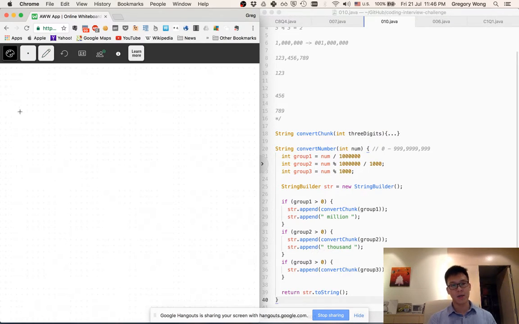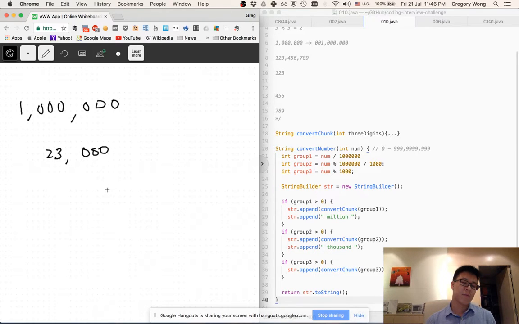So one is where there's nothing in the other groups. Do you think these examples are thorough enough? I think so. There's one special case you're missing here. When your input is 0.